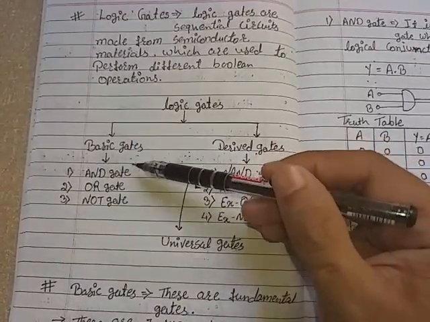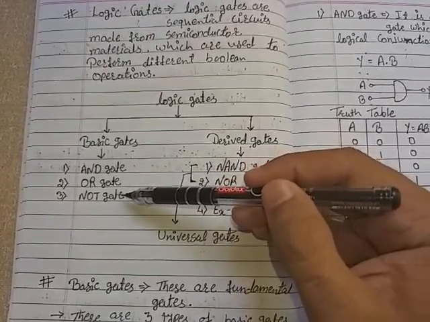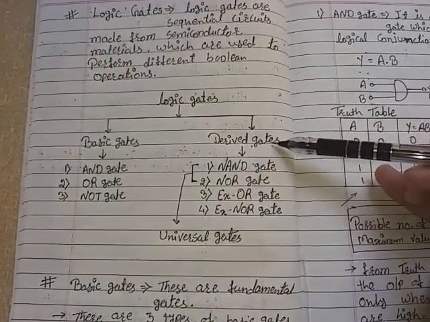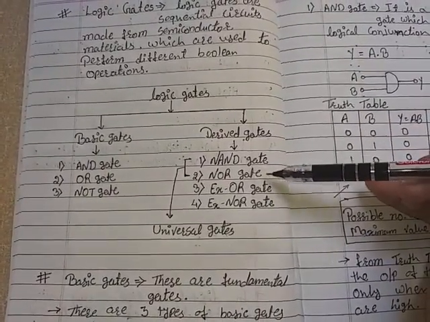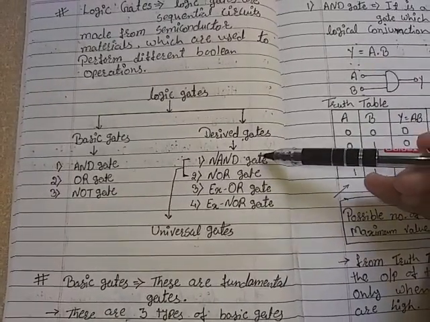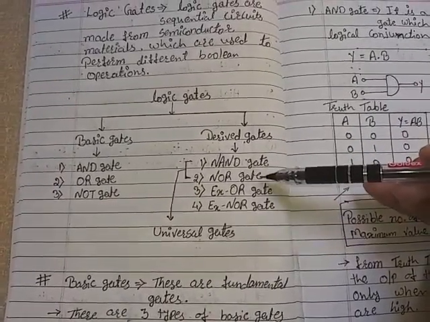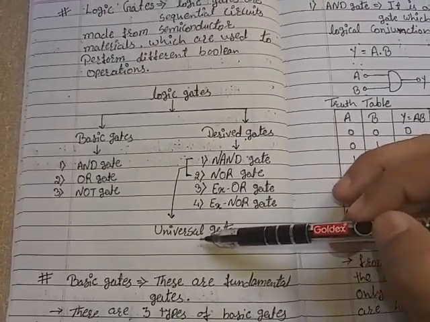Basic gates are of three types: AND gate, OR gate, NOT gate. Derived gates are of four types: NAND gate, NOR gate, XOR gate and XNOR gate. Among these four, NAND and NOR are known as universal gates.